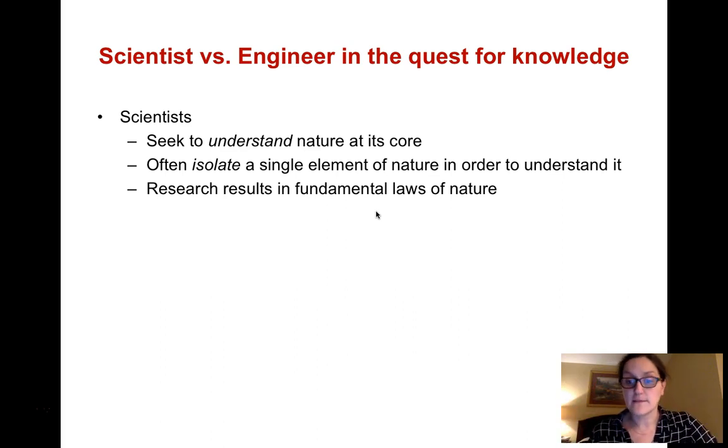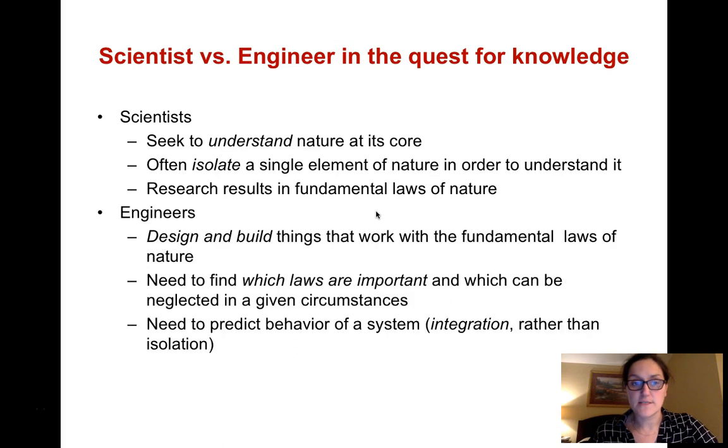Engineers, on the other hand, design and build things that work with those fundamental laws, so they depend on science to find them out, but they're trying to figure out which laws are the most important ones, because they're trying to predict much more complex systems, and they can't necessarily always isolate things.